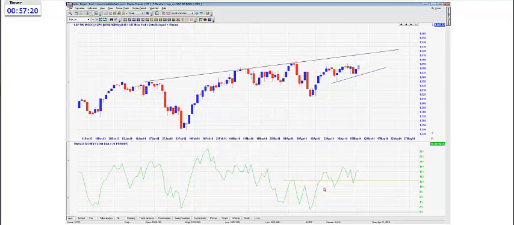We have a growing trend line. If we look at the opening range for the month of May, you'll see that the key support and resistance levels for May is between 1880 and 1890.